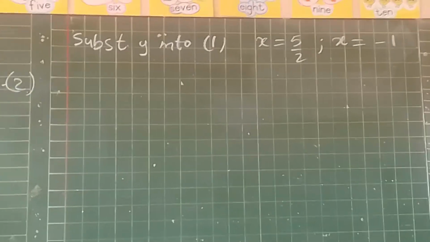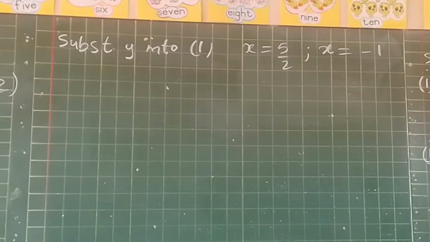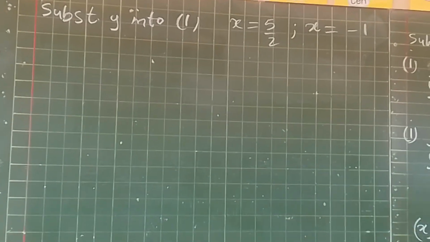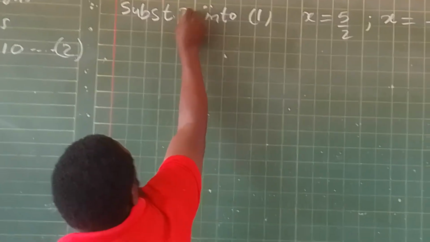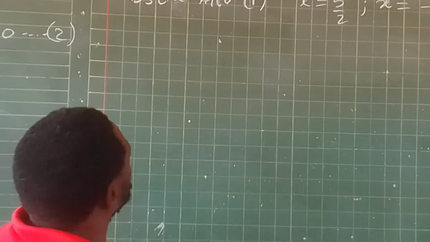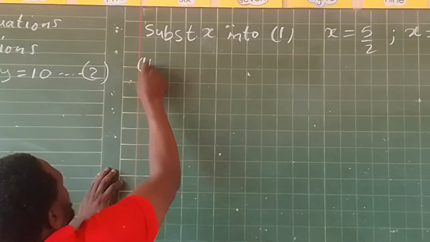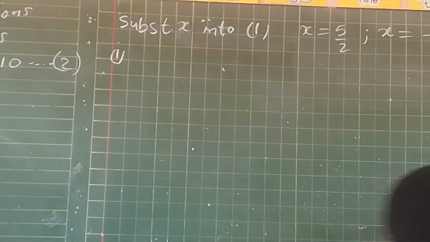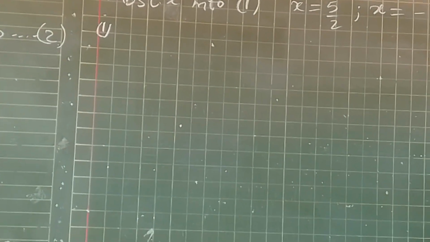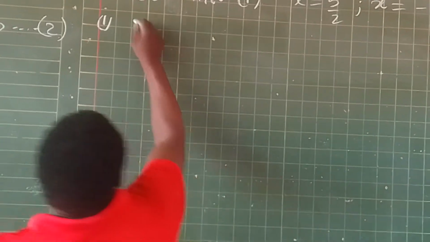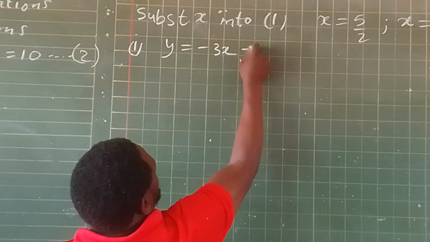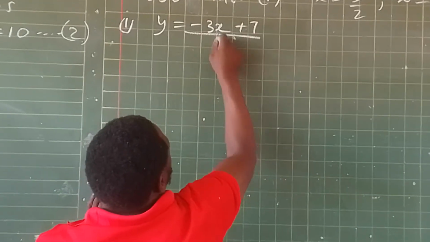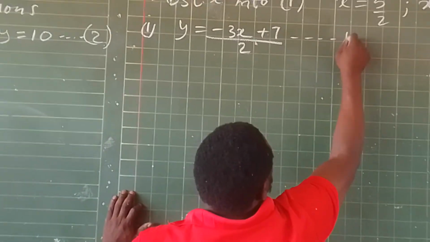In this case, we are going to substitute x into equation 1. Your equation 1 states that y is equal to minus 3x plus 7 over 2. This is equation 1.